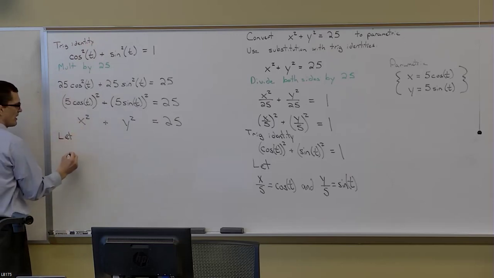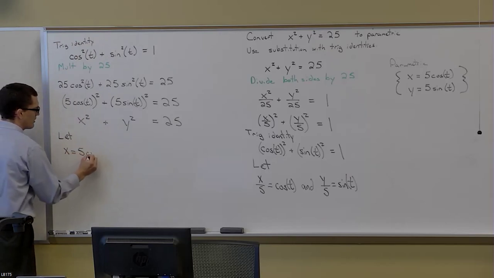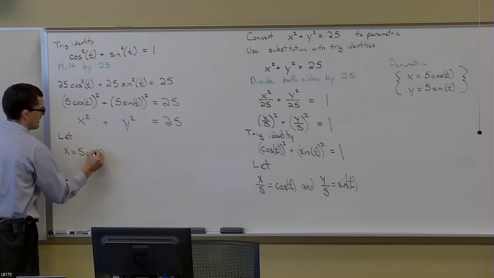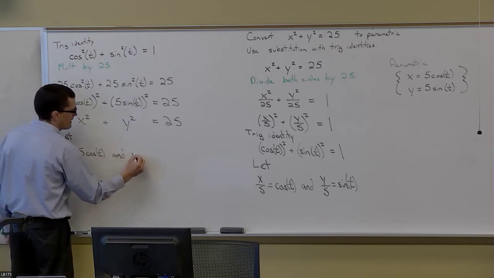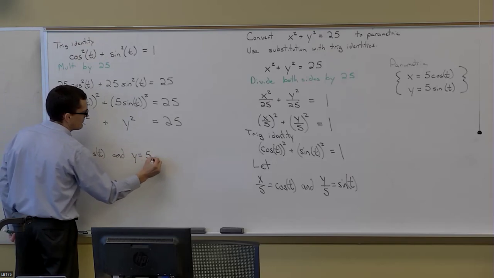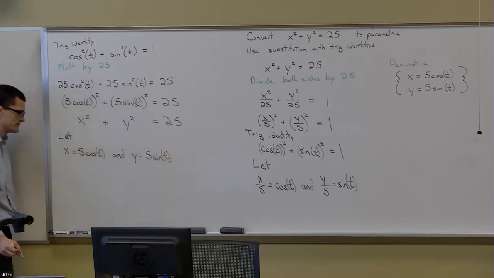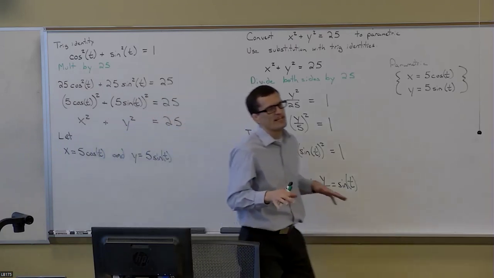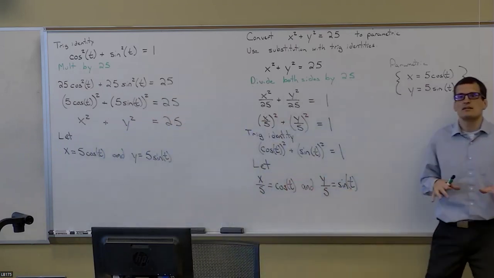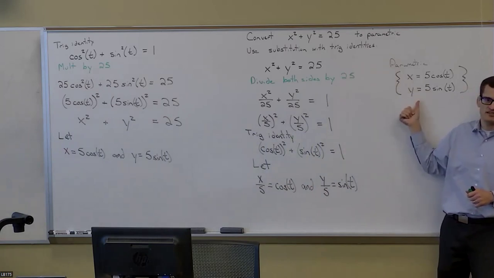And so I would let x equal 5 cosine of t and let y equal 5 times the sine of t. And all I'm saying there is that in this method, you get exactly the same parametric equations.